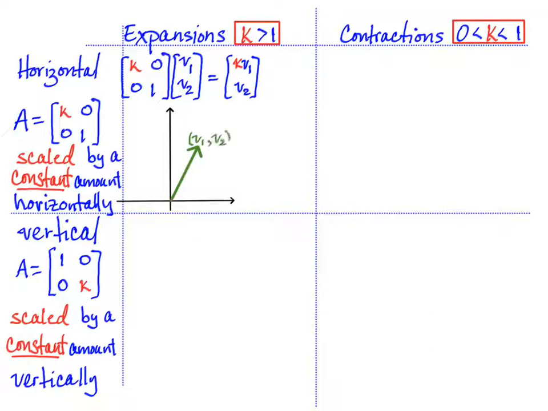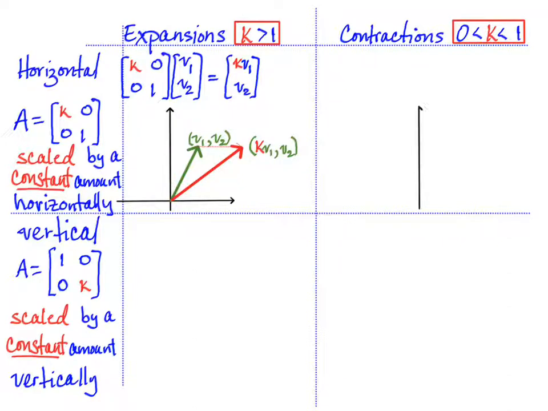So if this is our vector v, the components are v1, v2, and we multiply just the first component by a scalar greater than 1, we're getting this vector, (k v1, v2). So the vertical component stays the same. It's the same height or same distance from the x-axis. But the horizontal component moves horizontally. All right.